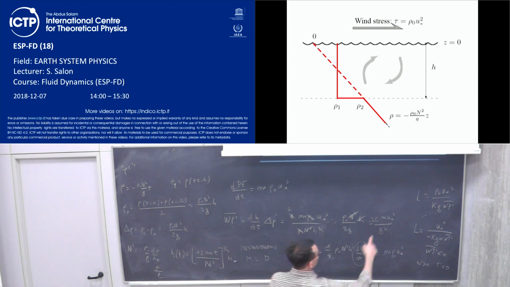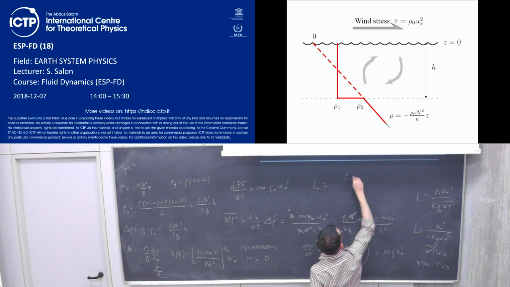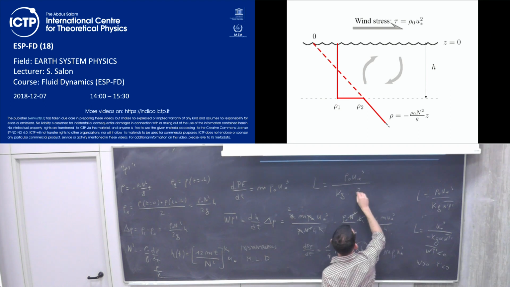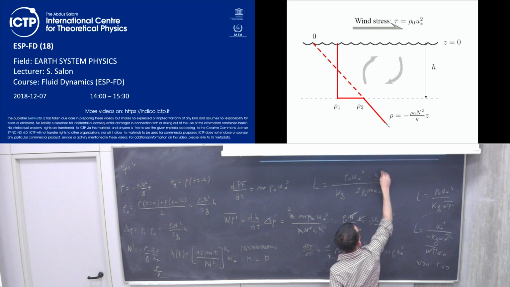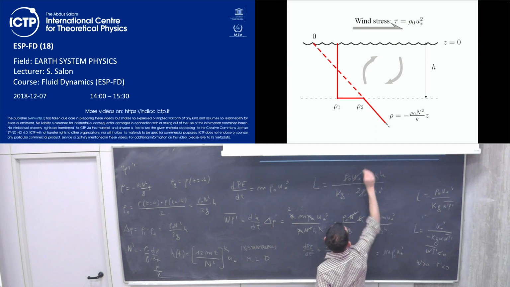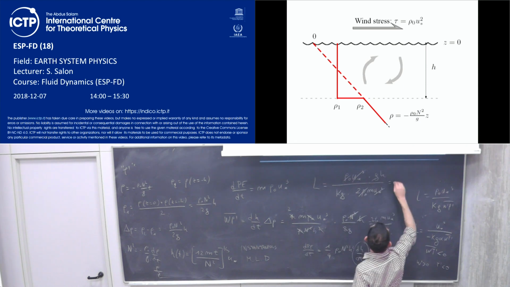Okay, so let's try to see our Monin-Obukhov length. So it is rho 0 u star cube over k g, and then we substitute 2 rho 0 m u star cube, and then here we have g H.